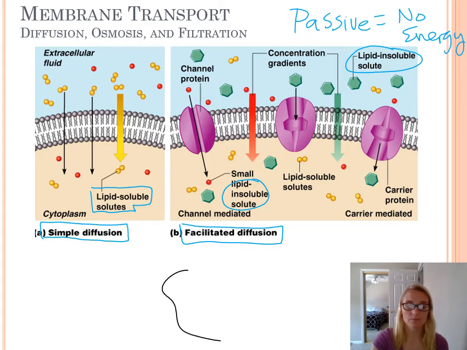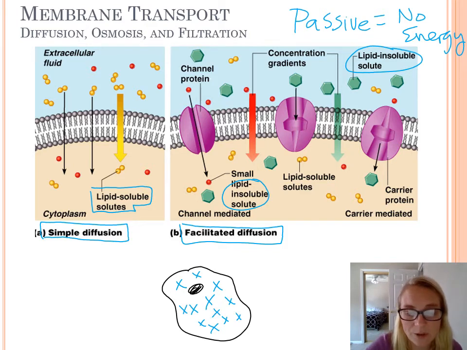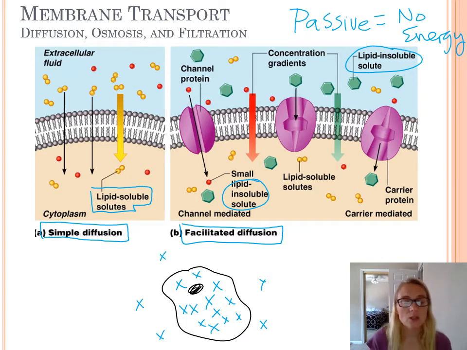So let's say we have a cell, right? So here's a nice little cell, and it has a concentration gradient of substances inside its cell, or little blue X's. And then outside of it, it's living in a watery environment, and there are just a few X's. So we definitely have a higher concentration inside of the cell and a lower concentration outside of the cell.